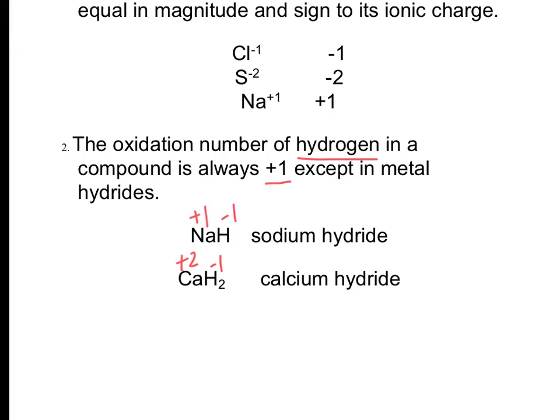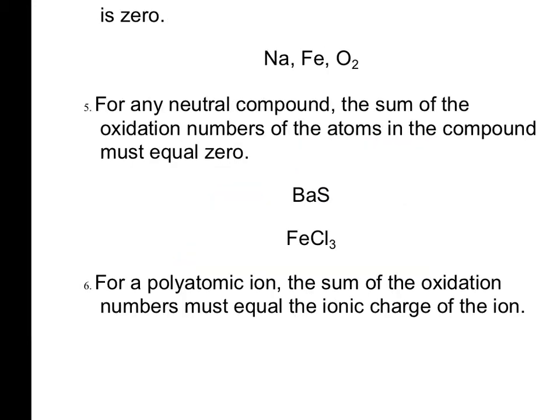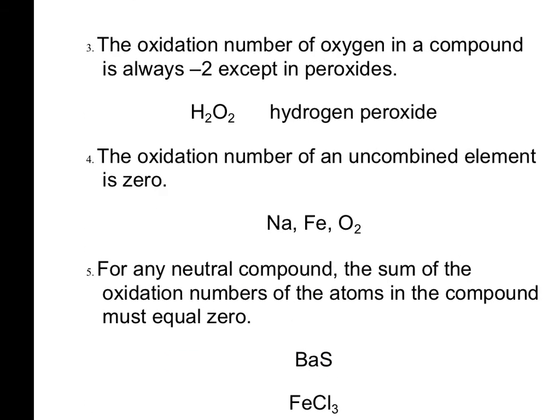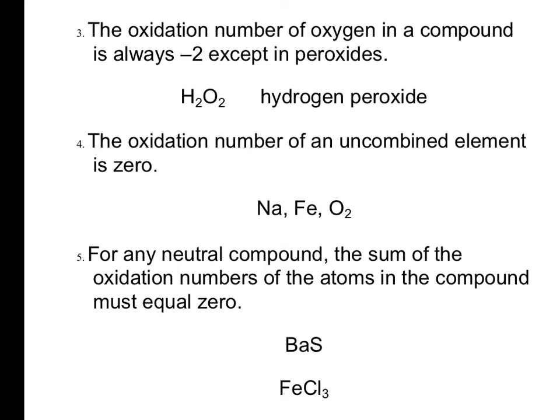All right, so now let's go on to rule number 3. Okay, so rule number 3, the oxidation number of oxygen in a compound is always -2. So that is the rule that I want you to remember for oxygen. Oxygen will be -2.